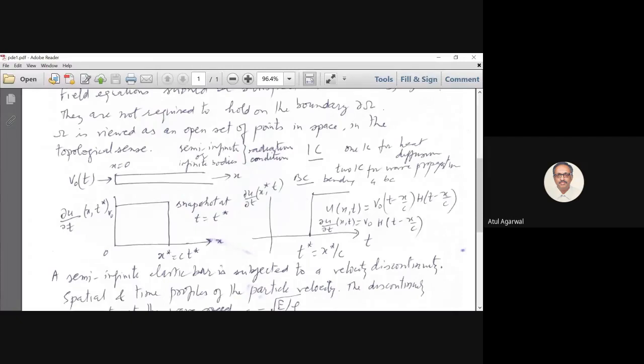This velocity is being given at x equal to 0 for all time. Suppose you give a constant velocity at this end equal to v naught. So this solution propagates at a finite wave speed called c, and the solution is discontinuous. There is no velocity in the medium till the wave reaches it, and suddenly there will be a finite jump in velocity.